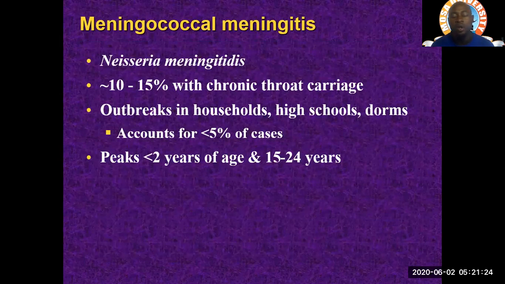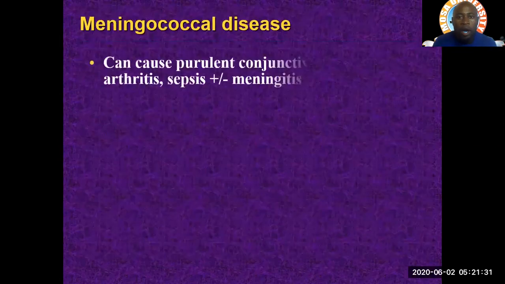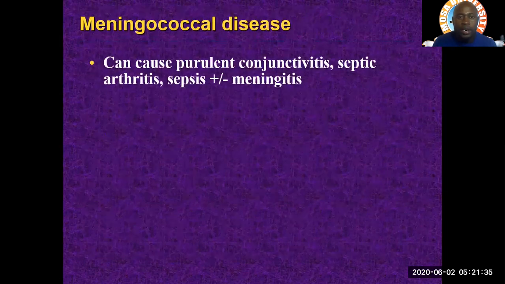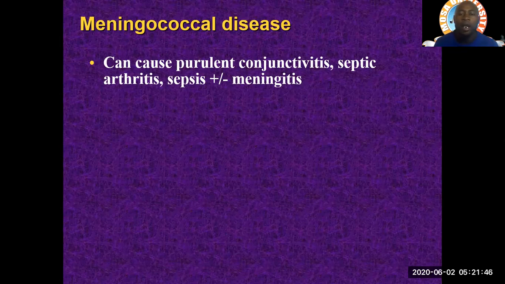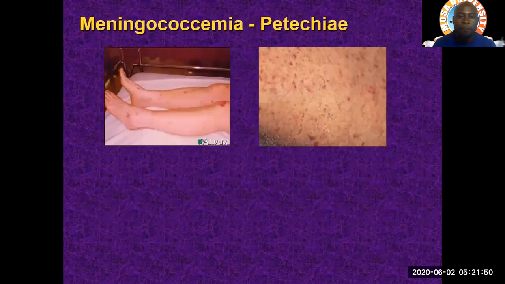It peaks in those that are less than 2 years of age, and 15 to 24 years. Okay? So meningococcal disease may bring about purulent conjunctivitis, also septic arthritis. Those may be things that come along with it.